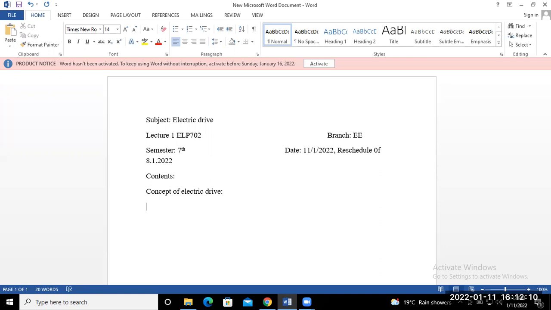That means we use mechanical drives with the help of electrical energy.